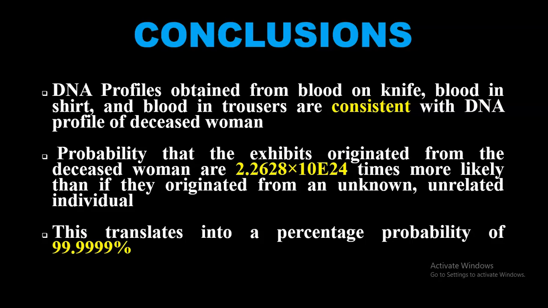So this is how the various samples, especially the swab beneath the fingernails of the deceased, the hair strand, just a tiny hair strand with root found on the floor in the room of the deceased woman, the small spot of blood found on the upper lip of the deceased woman, together with other exhibits, were able to help in convicting the assailant or the perpetrator of this crime.